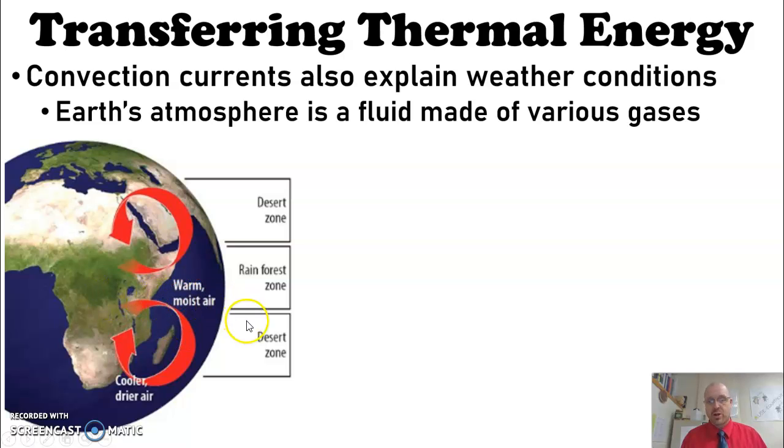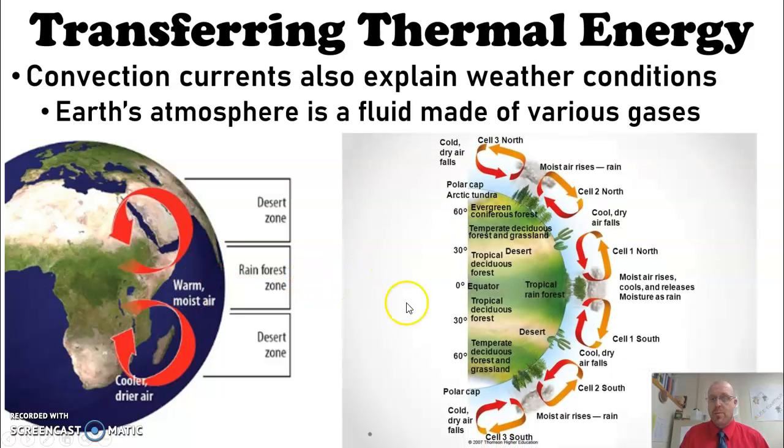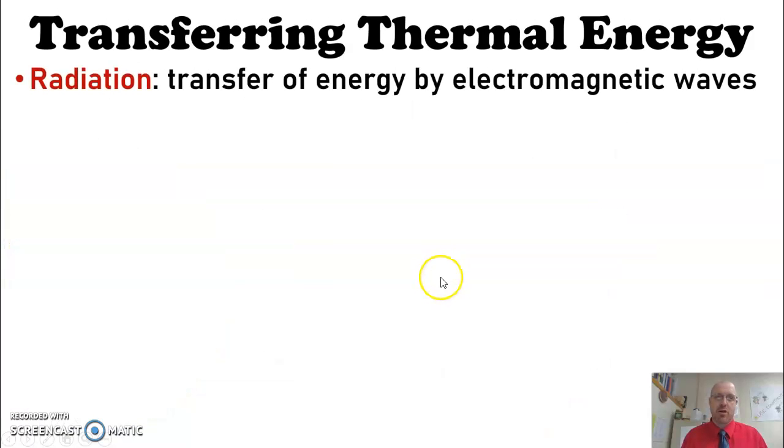As the warm, moist air rises, it has to lose the moisture, so it drops lots of rain in that area. This also shows a great one that shows all the different cycles that happen because of the convection currents. It's really kind of interesting when you study some of that in ecology and later on in other sciences, in earth science.